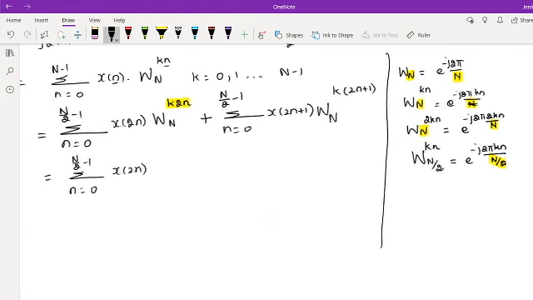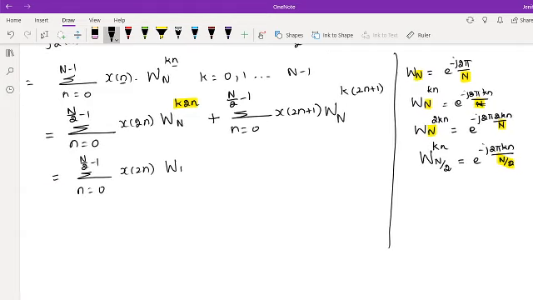So I am representing this as W N by 2 power kn, plus summation n equals 0 to N by 2 minus 1 of x of 2n plus 1 into W N power 2kn into W N power k.